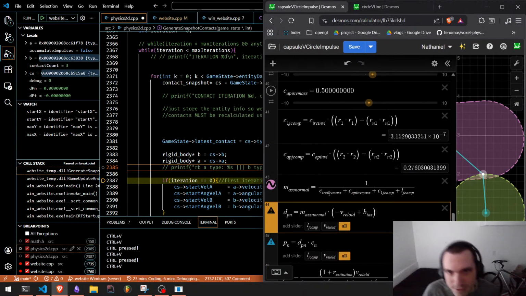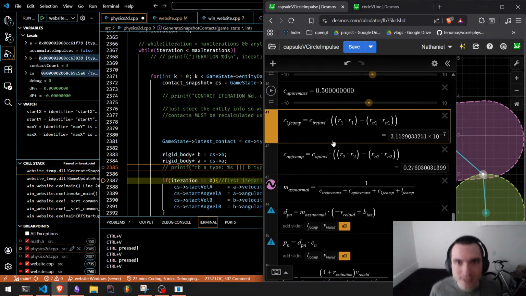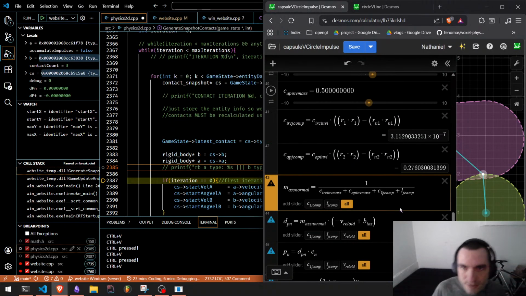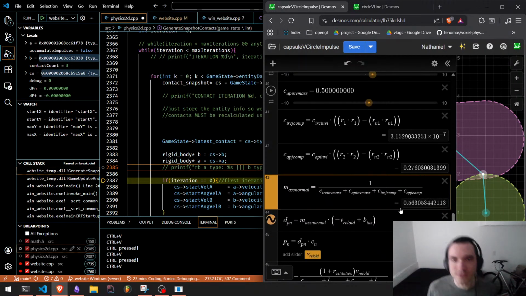Okay, so we should be getting closer to the mass normal. Oh yeah, just need to change my names. We'll call this circ jconf, cap jconf. This is exactly what you see happening in the code for Box2D. So that's the mass normal. That's 0.563053.